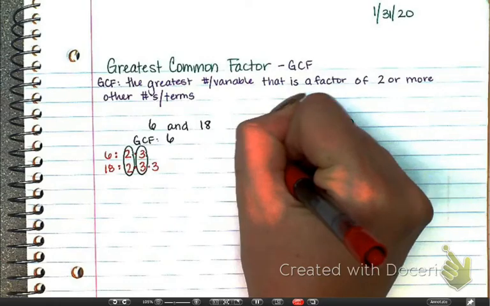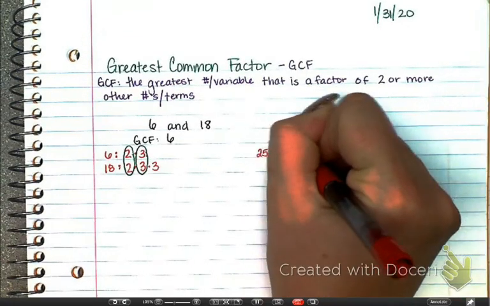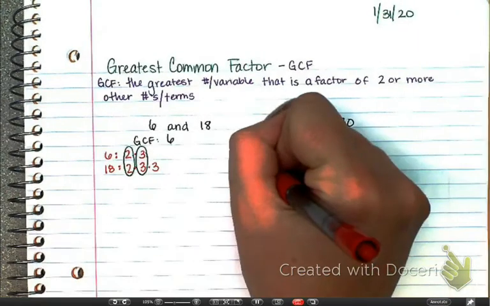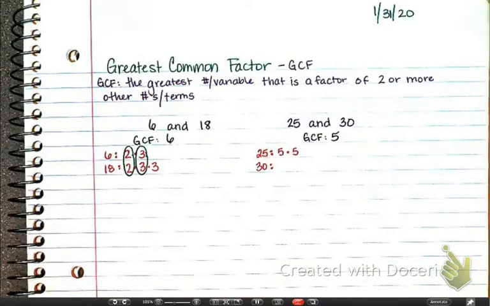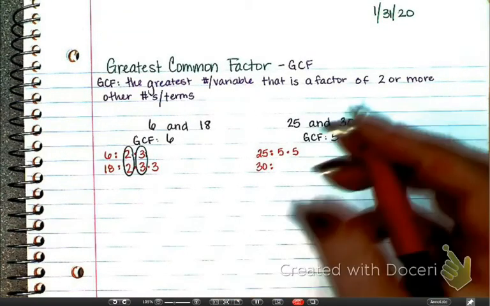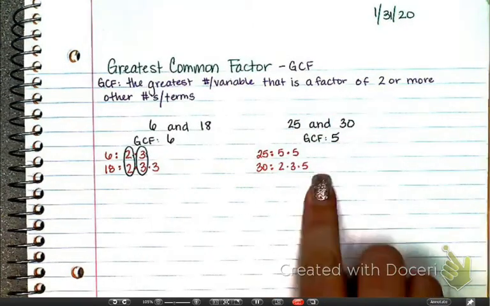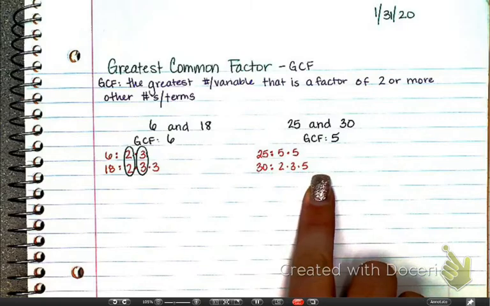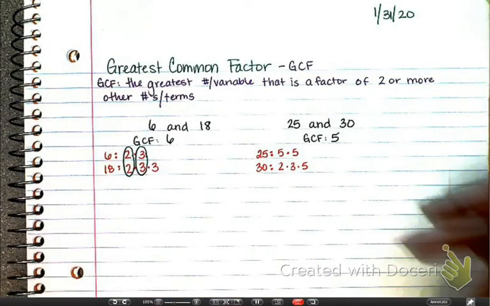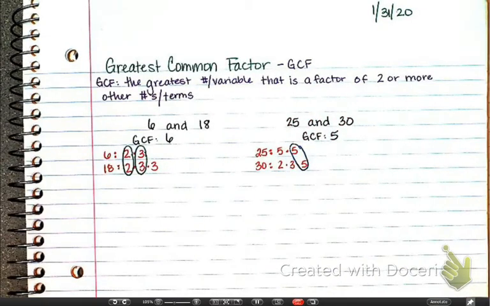Give me 2 numbers that multiply to 25. 5 and 5. 5 times 5. What multiplies to 30? 6 and 5. And how can I break down 6? Okay, so 2 times 3 times 5, right, which is just 6 times 5, gives me 30. Everyone with me? What do they have in common? 5. Just a 5. So that is my greatest common factor.